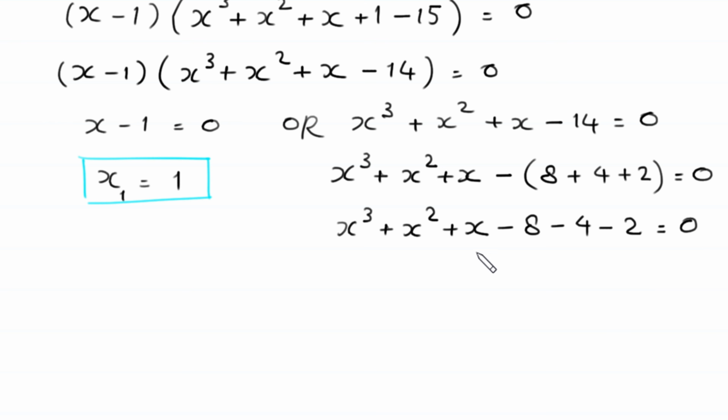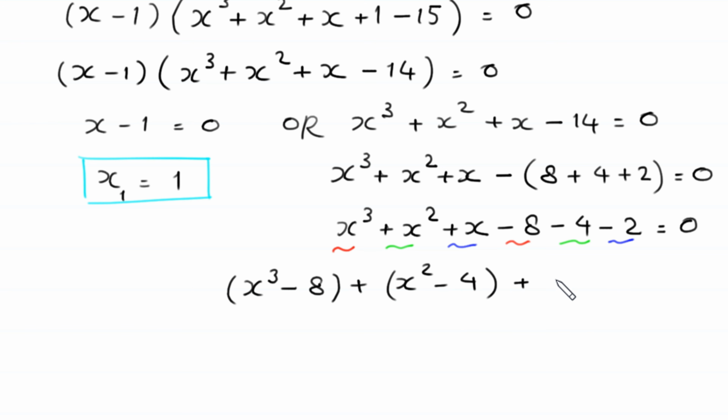So we make a group of this x cubed and this negative 8. We make another group of this x squared and negative 4, and another group of x minus 2, like this, x cubed minus 8 plus x squared minus 4, and in the last x minus 2 is equal to 0.